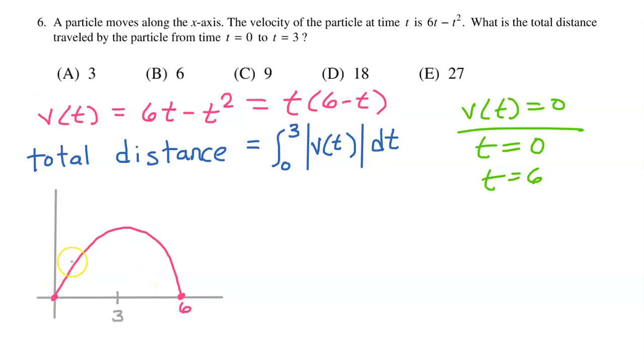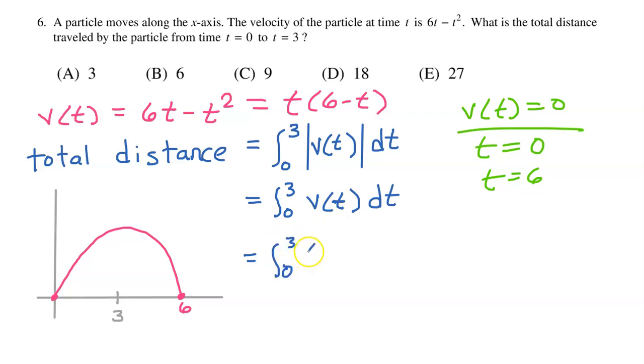Notice that the velocity is positive between 0 and 6. So between 0 and 3, the absolute value of velocity will be the same thing as just the velocity. So in this case, the total distance will be given by the integral of velocity from 0 to 3.